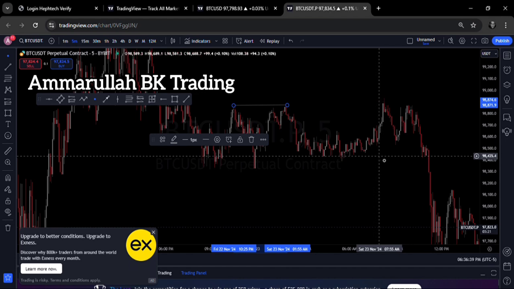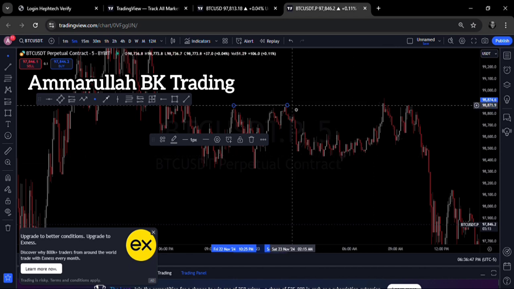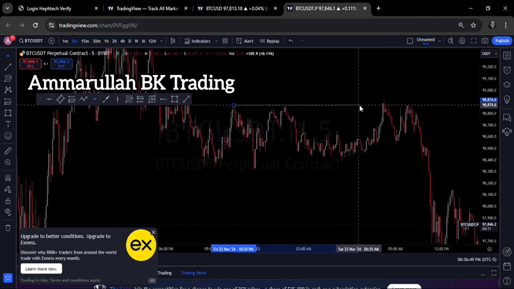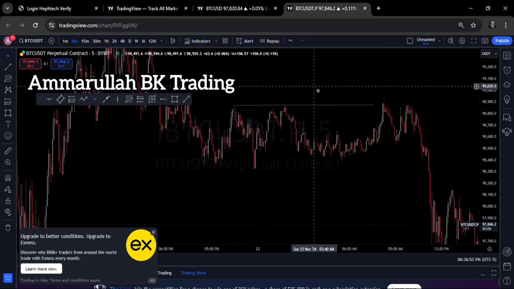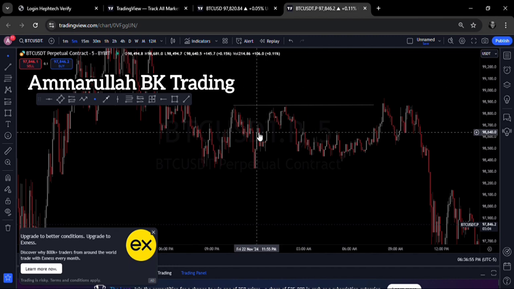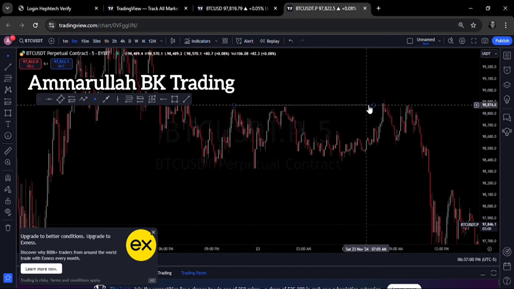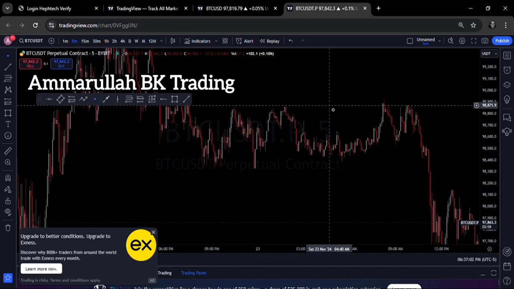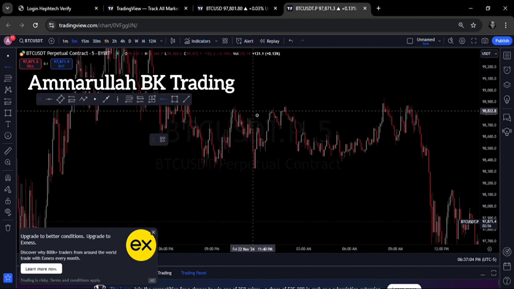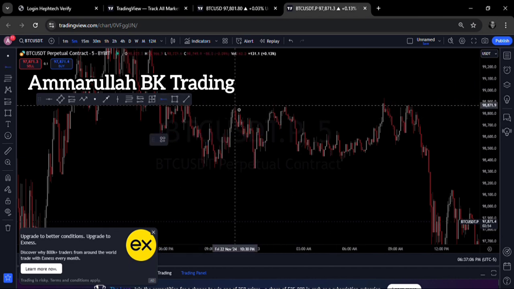So 8 o'clock New York would be our 1, I guess. Yeah. So before it happened, I marked the equal highs that were formed from the consolidation of Friday to the consolidations that were happening on Saturday. So here it is. Let me just use a horizontal ray so that it will be more clear for you.